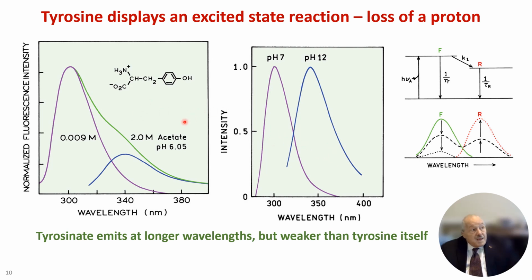The pKa, I've forgotten the exact number, but in the ground state, the pKa of tyrosine, I'll sort of make this up, is about 9. When you get to the excited state, the pKa drops to about 2.5, and so the moment you excite the tyrosine, it starts to lose a proton, but it can only lose a proton if there is some base around to accept the proton.